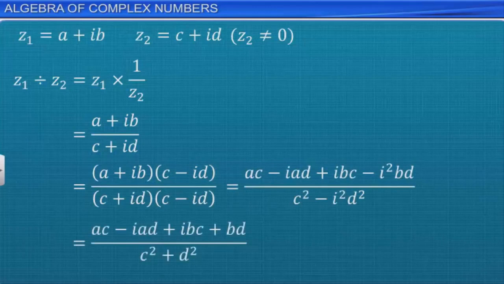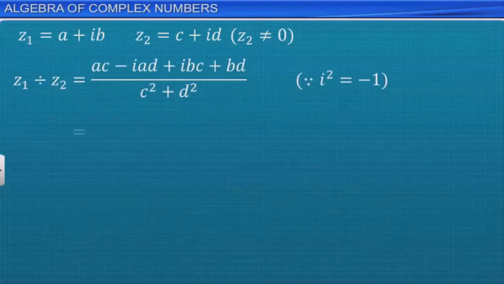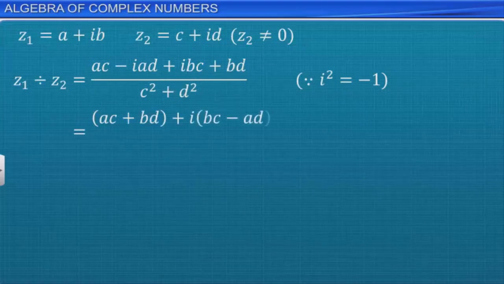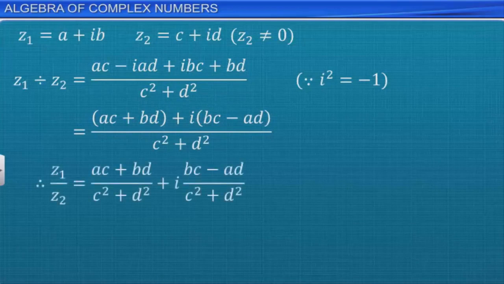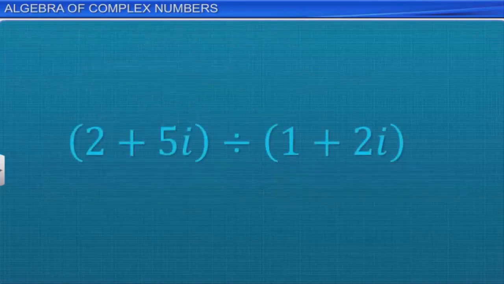We know that i squared is equal to minus 1. This is the required quotient, which is also a complex number. Let's divide 2 plus 5i by 1 plus 2i.